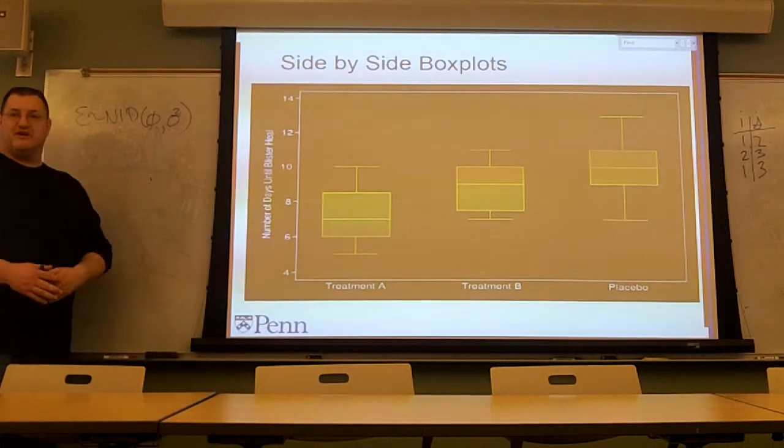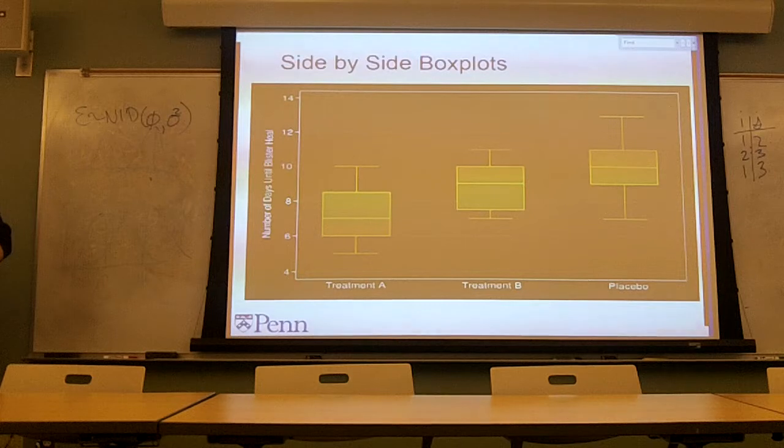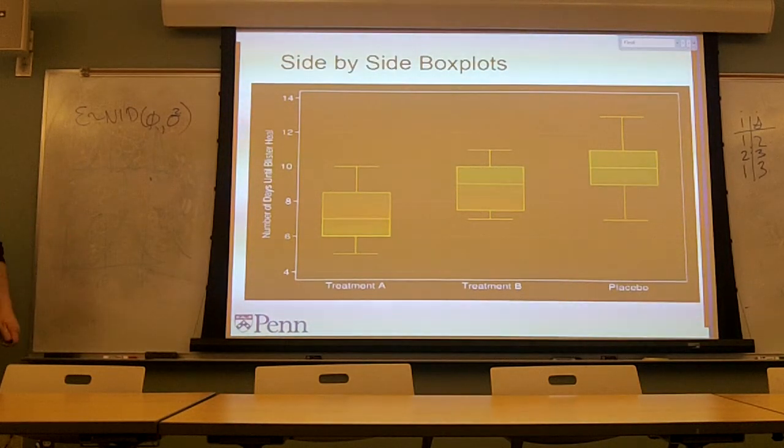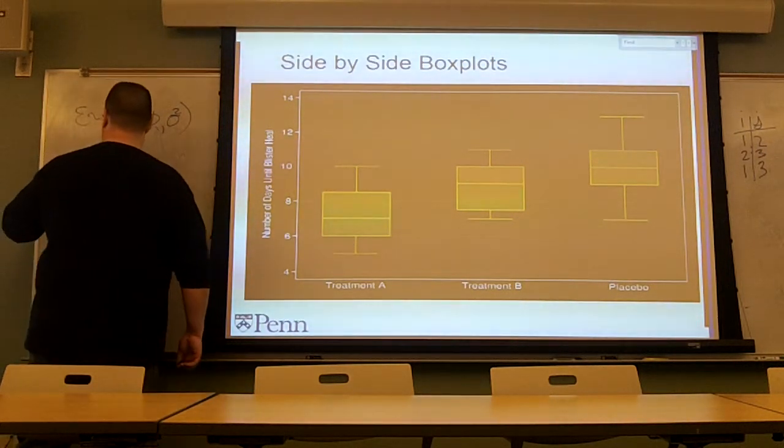The other thing this is going to help us do is, without doing any statistical tests, we can begin to get a sense of what's going to happen when we do our formal hypothesis testing. What do you think is going to happen? We're going to reject the null. Well, what is the null? Remember we wrote down the null.